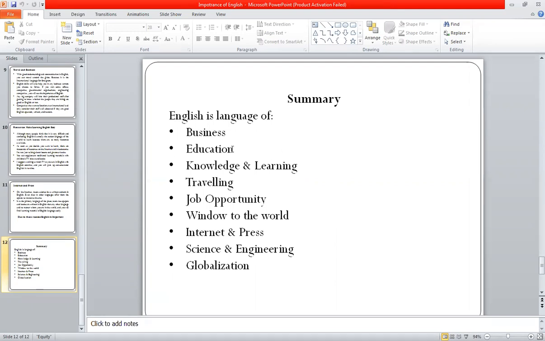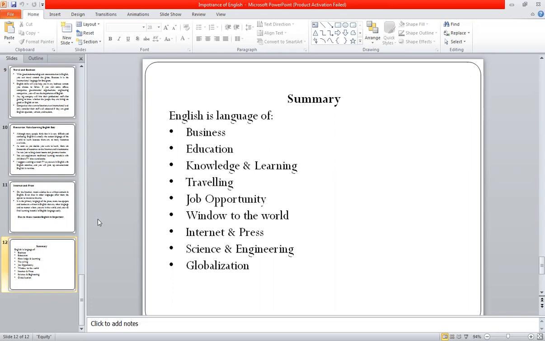So this is also the language of education, knowledge and learning. We can gain more and more knowledge with the help of this language, and you can learn many of the new things that are happening all over the world.